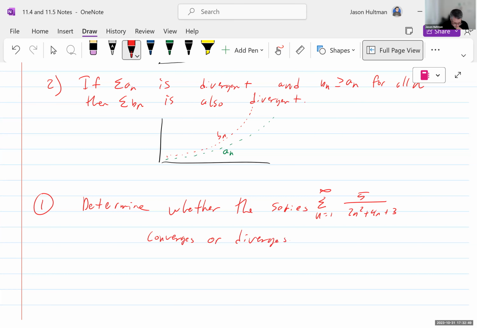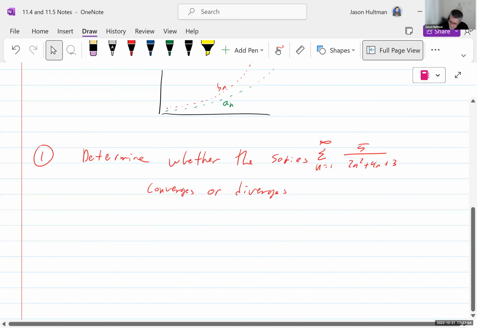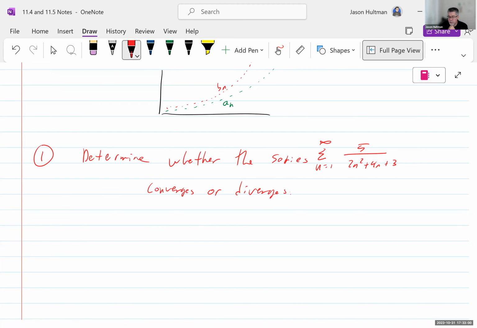Okay. So we want to compare this with something that either we know converges or we know diverges. We want to make sure that it's set up correctly.